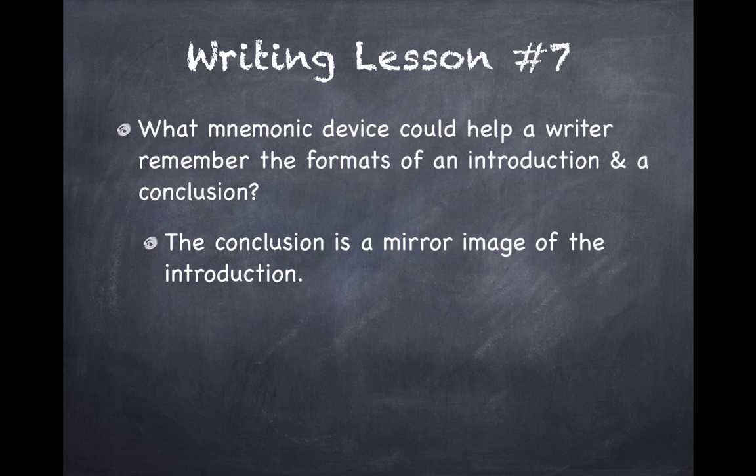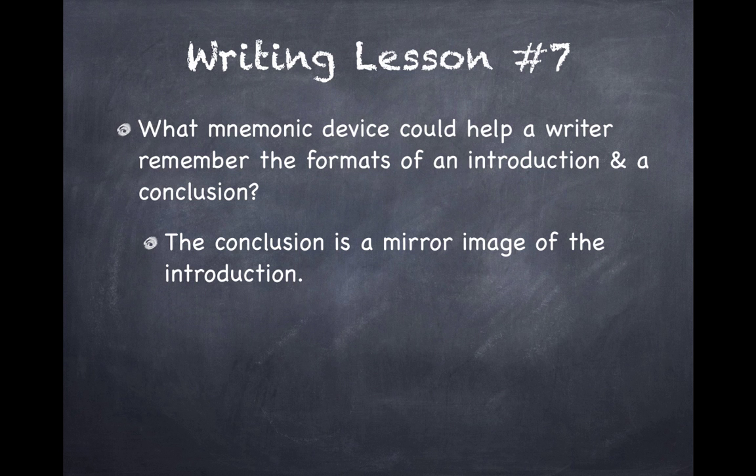So if you think about it, when you look into a mirror, the reflection that's in the mirror is not exactly the same as who or what is looking in the mirror. It's a flipped version. So if you'll think about it, in the introduction, the hook and the explanation came first, the refer to prompt came in the middle, and the thesis statement came at the end.